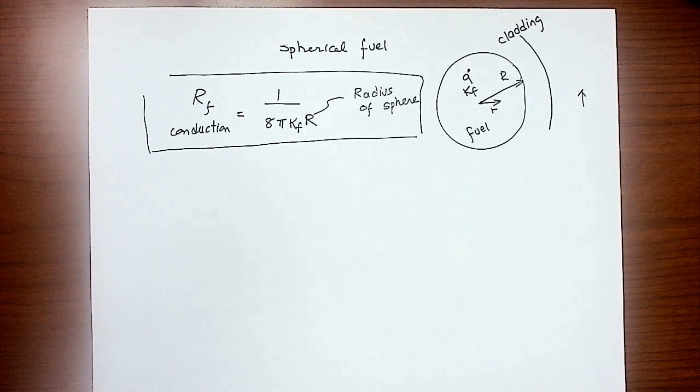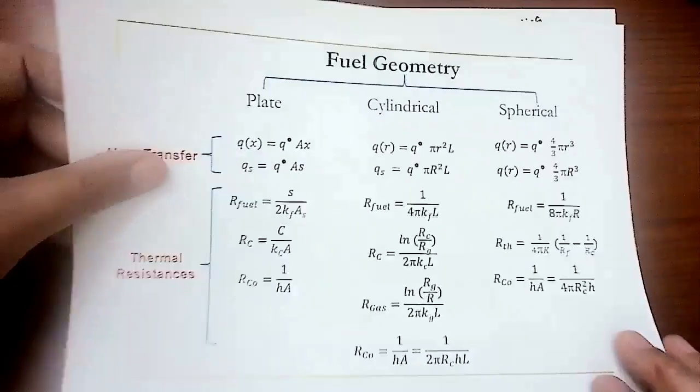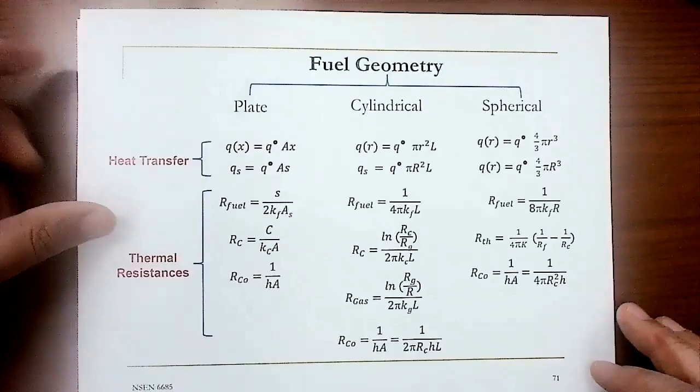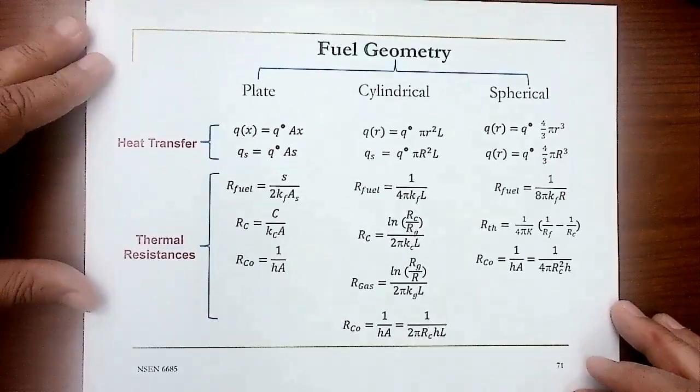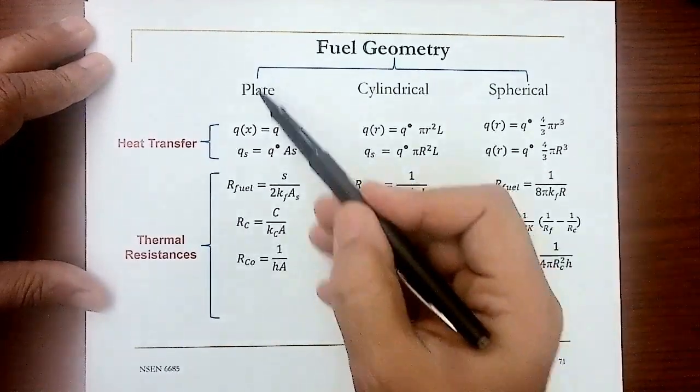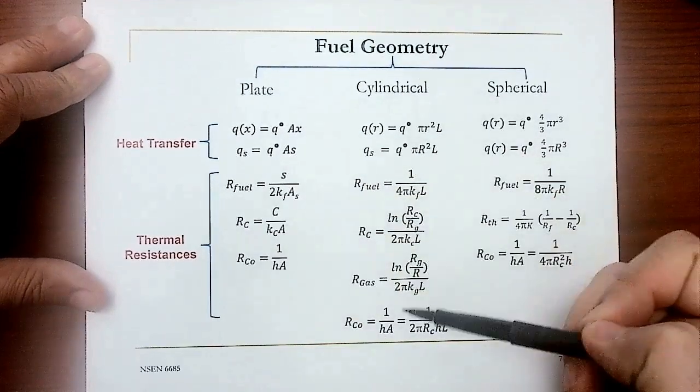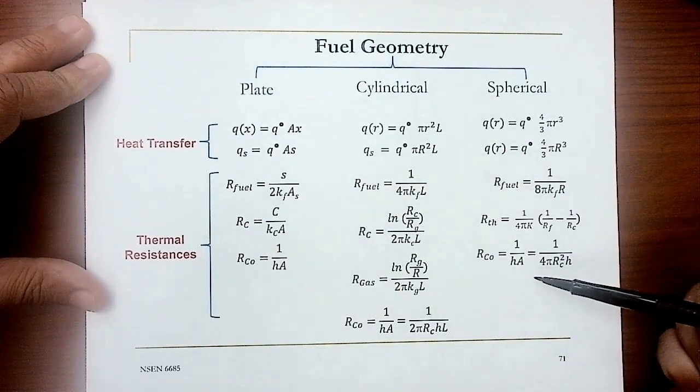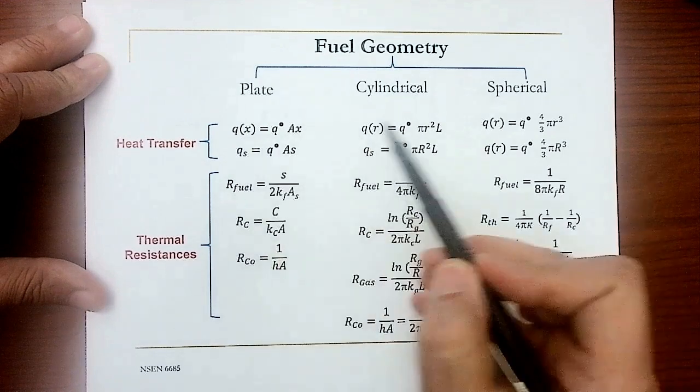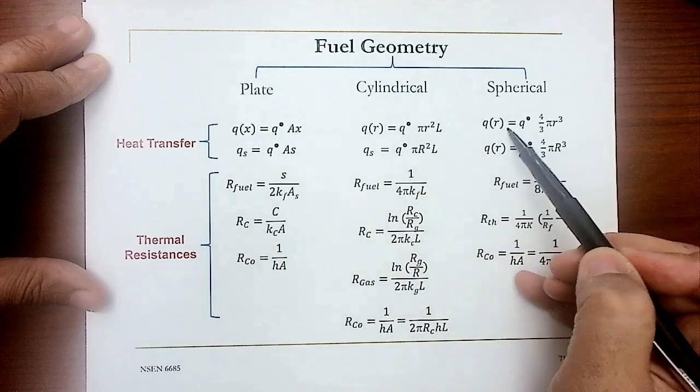So I have a good summary here that's summarizing all these kinds of equations. I'm going to show it to you here, and it's going to be in the material I'm going to share. So we have plate type fuel, we have cylindrical type fuel, we have a spherical type fuel. Okay, Q always is a function of x, a function of r, a function of r.